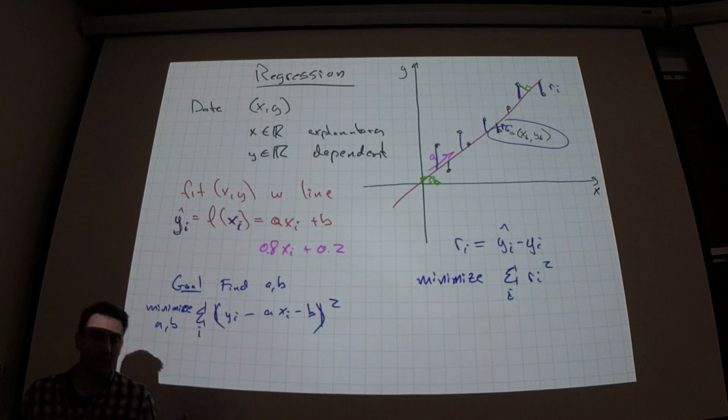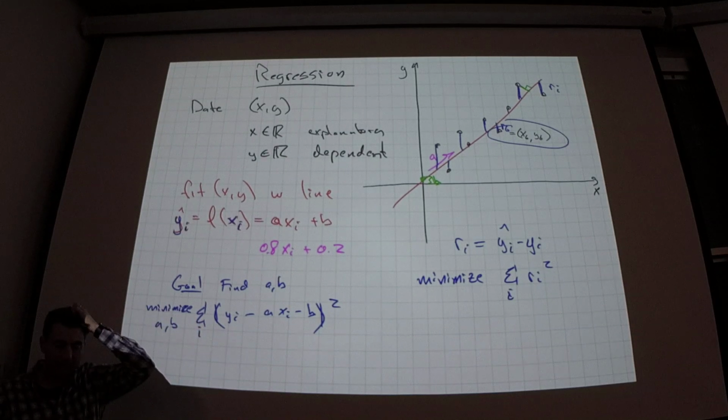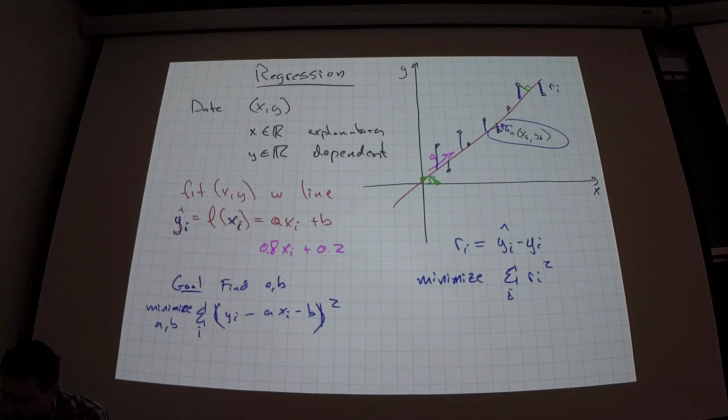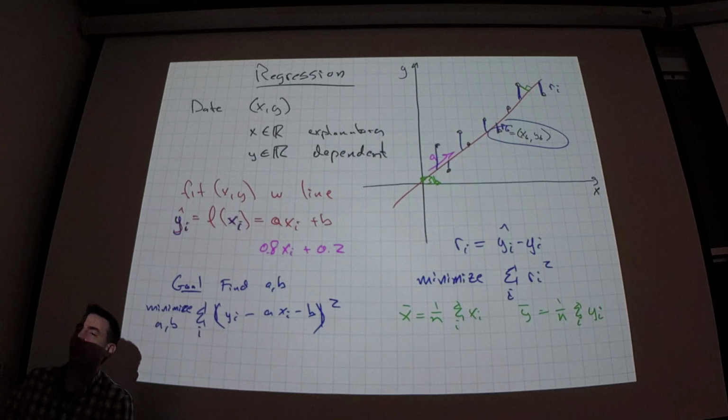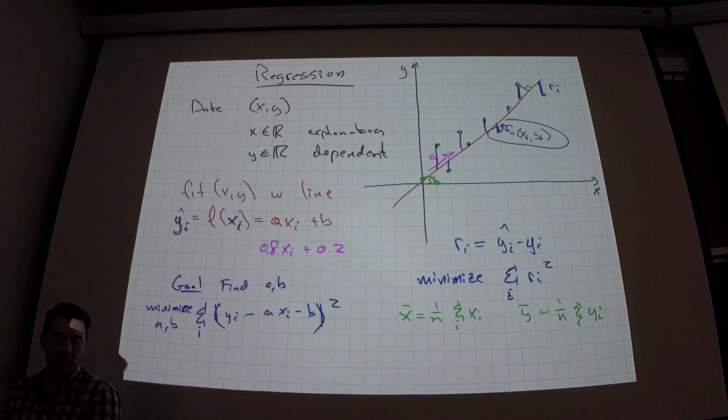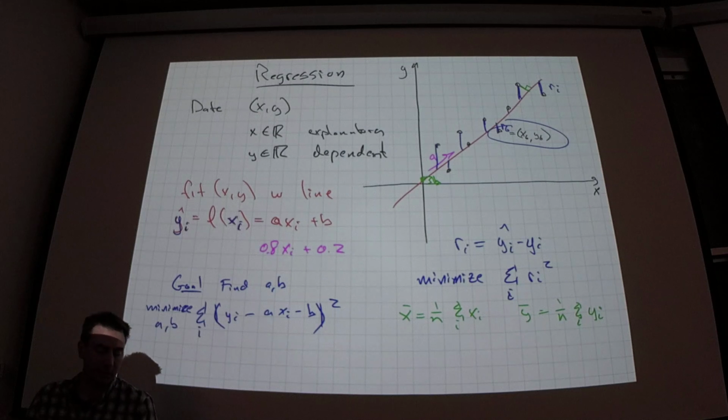It turns out that there's a very simple solution to this problem. I can write this in a few steps. The first thing is to take the average of x, which is 1 over n if there are n data points, and do the same thing with the values y.